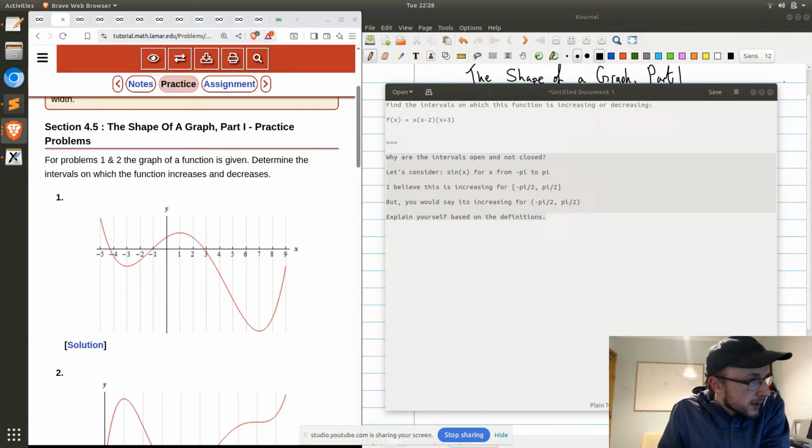And the reason why I'm doing this is because I've looked at the definitions and I can't understand that.